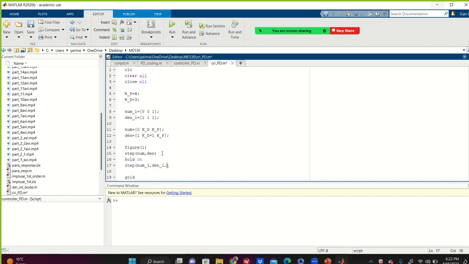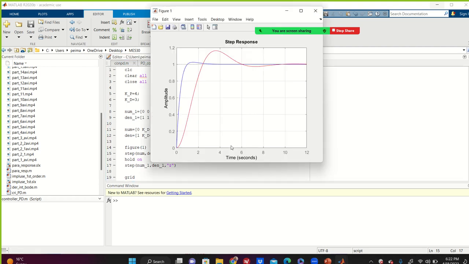This is red, this is blue. Now you can see the difference. Here we go. This is the underdamped system. Almost we changed it to a critically damped system.